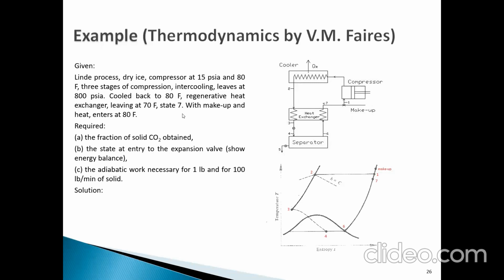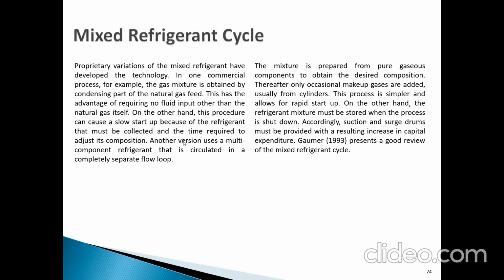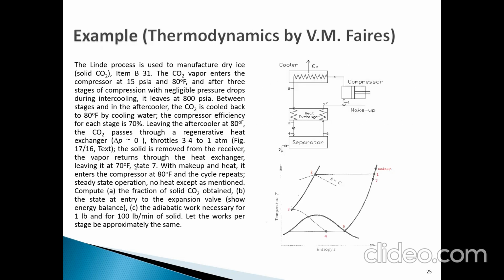So, ito pala is state 7, hindi sa state 3 or state B. Yeah. Okay. Vapor returns through the heat exchanger, leaving it at 70 Fahrenheit. So, yan, leaving, di ba? Punta doon.